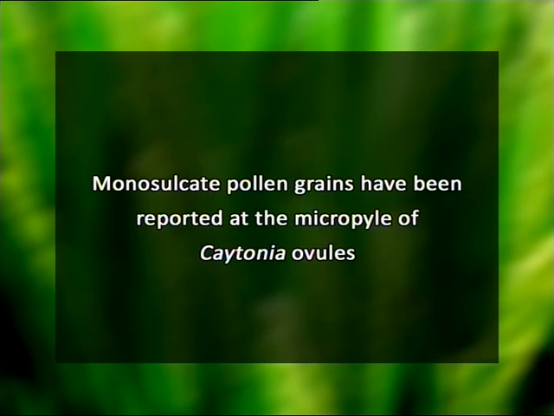Additionally, monosulcate pollen grains have been reported at the micropyle of Caytonia ovules. The latter is strong evidence that the pollen grains were transported directly to the ovules, perhaps by means of a pollination droplet, as we commonly see in present-day gymnosperms, rather than what we see in angiosperms, a stigmatic region where pollen tubes are formed.